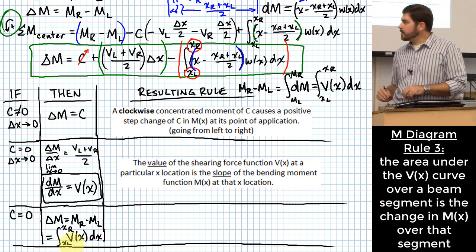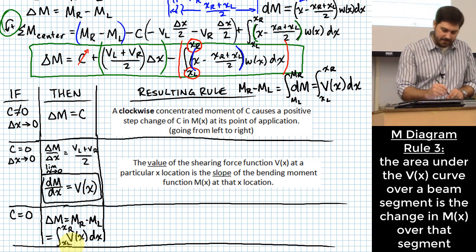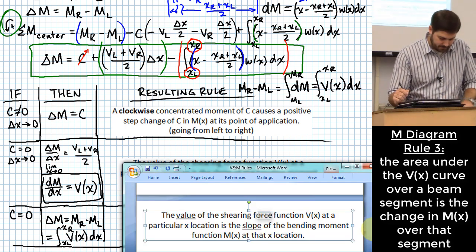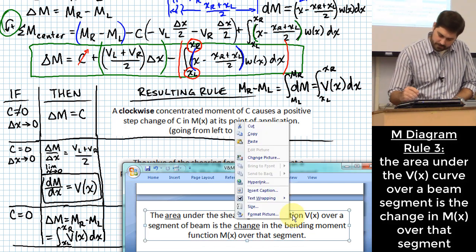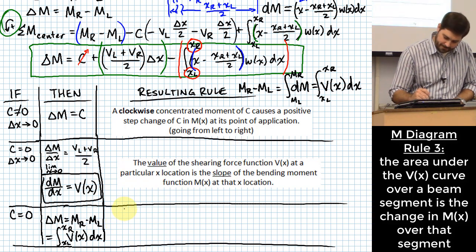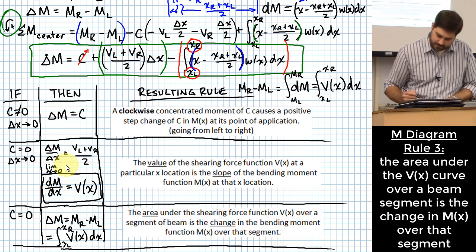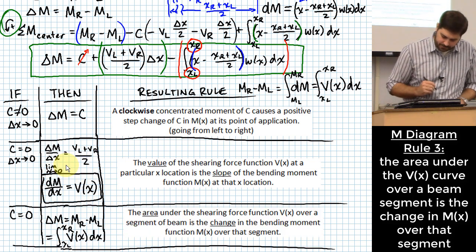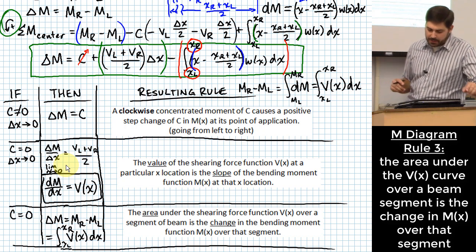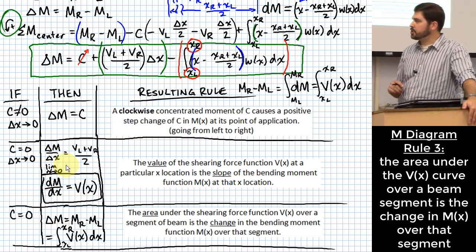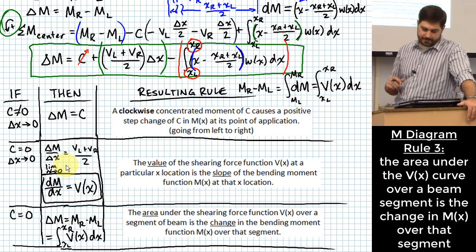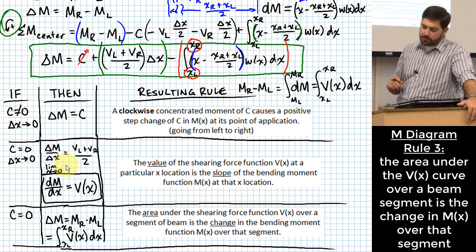All right, so what kind of a rule can I write from that? This one right here. The area under the shearing force function V of x over a segment of beam is the change in the bending moment function M of x over that same segment.